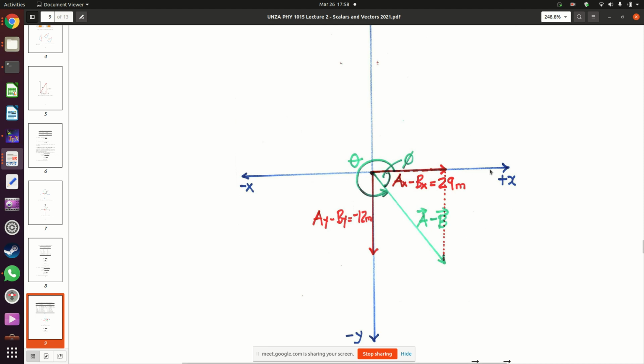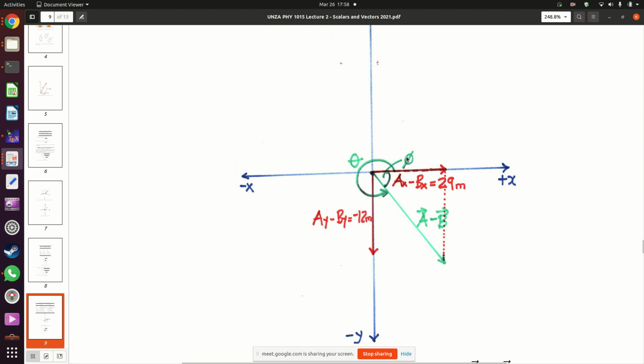So this line along the x-axis, if you measure from the x-axis, then you're moving clockwise, backwards. Basically, you will be moving 360 degrees plus this phi. So we need to find the angle phi. Then after we find the angle phi, we're going to add the angle phi to 360 degrees so that we can find theta.